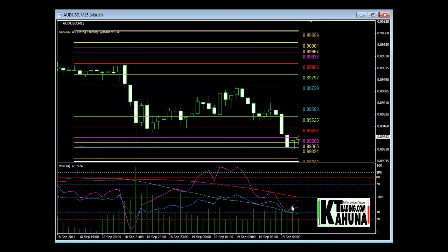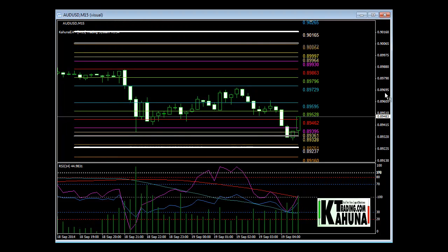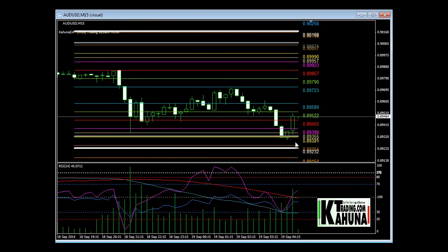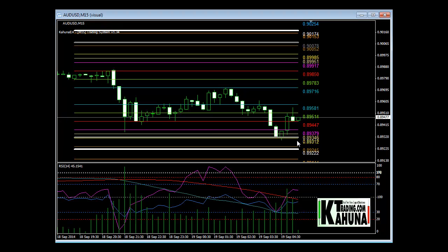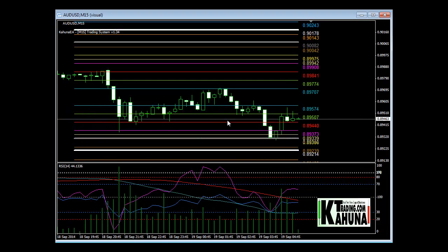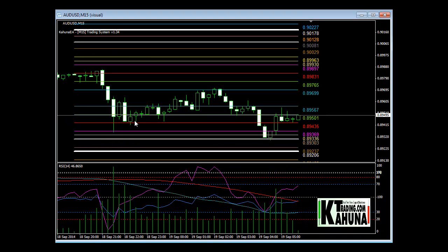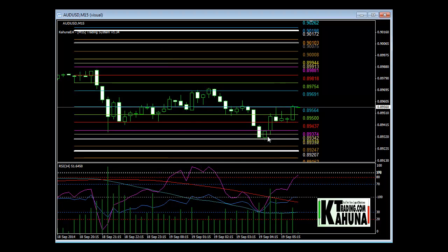Now I'd say, with our stochastic here heading south, we might be interested in actually buying soon here. Maybe. Without this is great, but see, you could be early and then you have to wait. And you actually had to go lower.